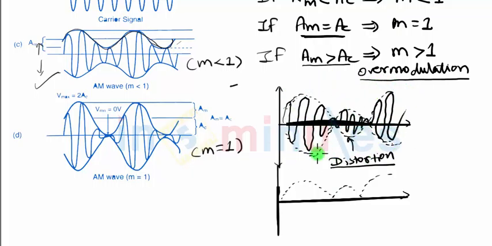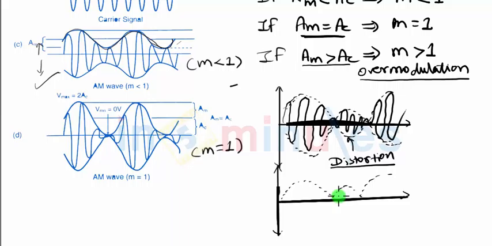So in this process, the envelope detector will detect the positive envelope, but the part which is completely on the positive side. And as you can see, this does not look like my original modulating signal, and hence the simple conclusion is that when the signal is over modulated, you cannot demodulate the signal using envelope detector, and hence your demodulation will fail.